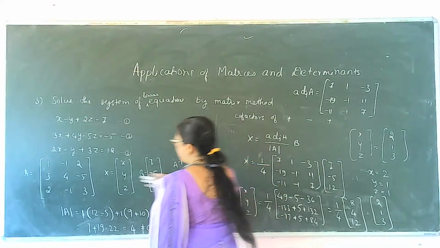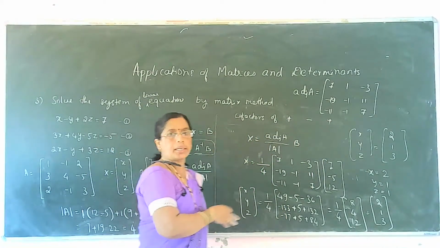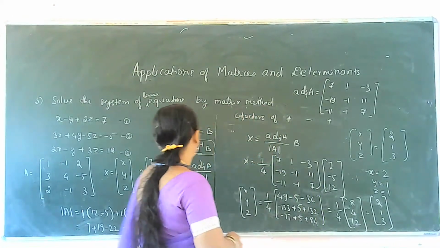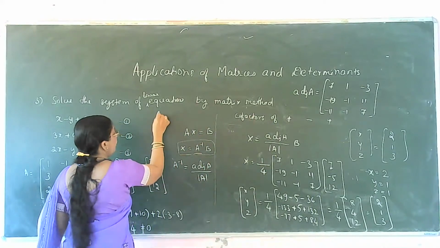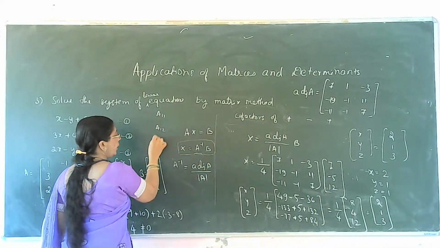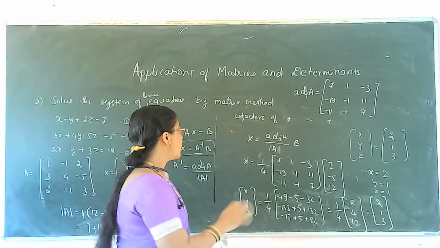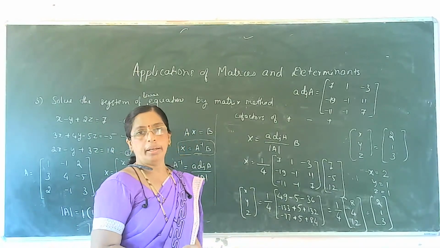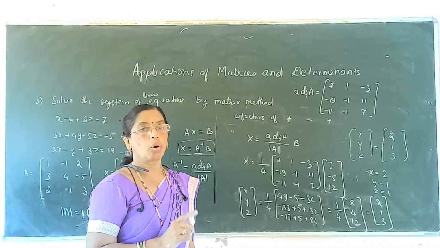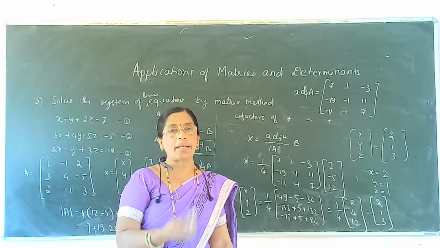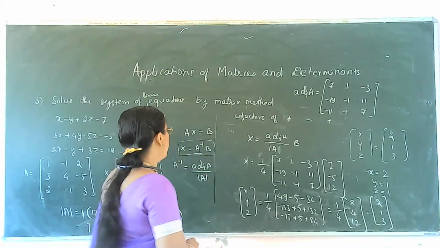You have to write the same elements or cofactors directly. Then you take the transpose. If you write the elements A11, A12, A13 here, you can't transpose again. You get the same adjoint of A, because adjoint of A is the transpose of the cofactors of A.